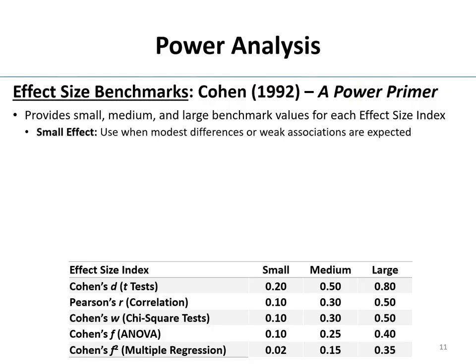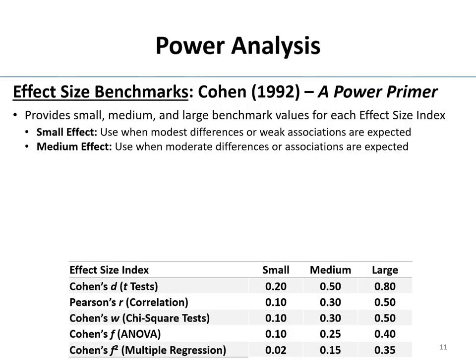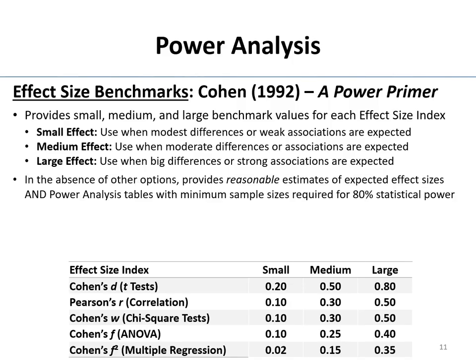When do you use a small effect? You use that when you only expect a modest difference or weak association in your study. You could use a medium effect size from Cohen's benchmarks when you expect moderate differences between groups or a moderately sized association between your variables. The large one is when you expect big differences or really strong associations.